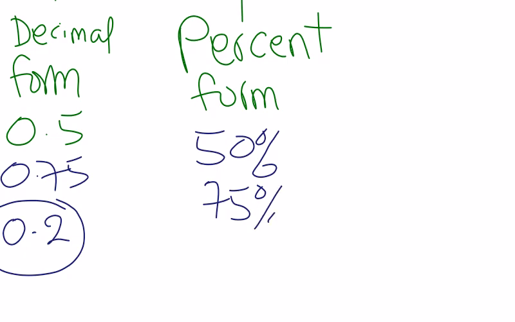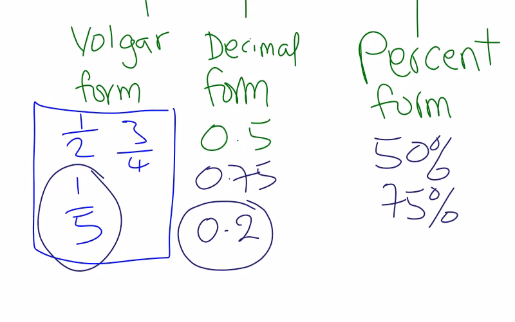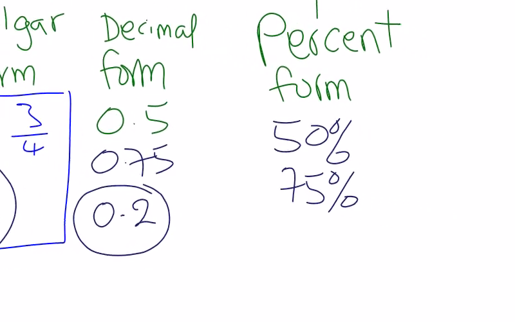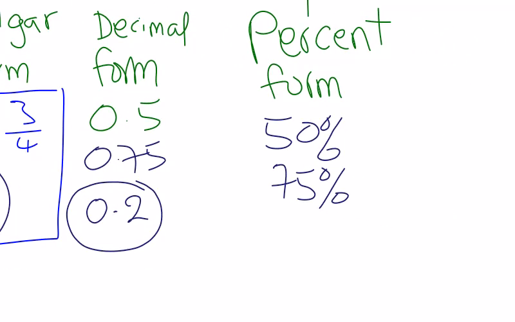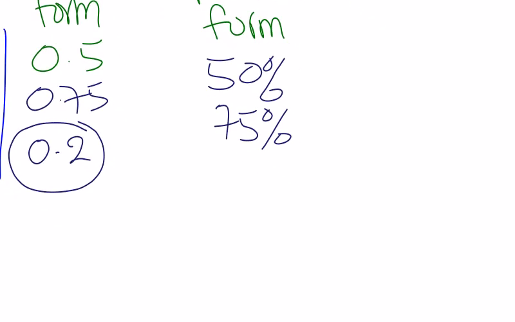So when I say 75%, it's just 0.75 of the whole thing, or 3 over 4 of the whole thing. So don't be confused between 0.5 and 50%, or 3 over 4 and 75%.